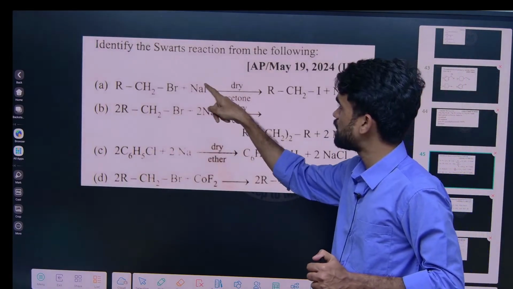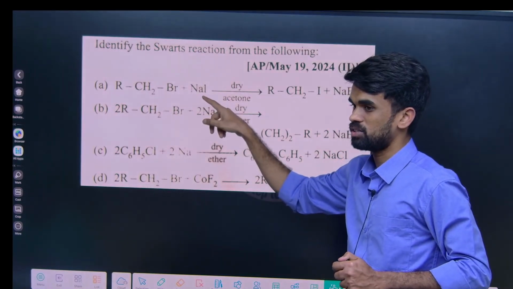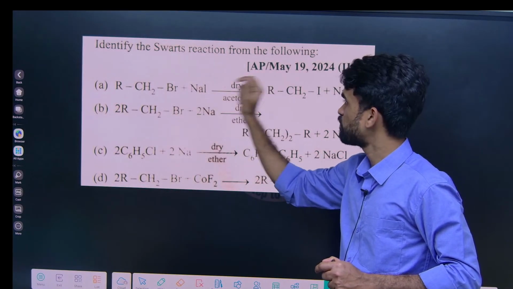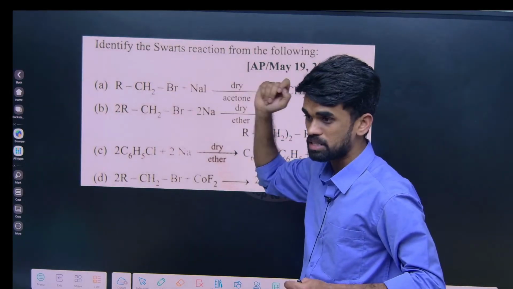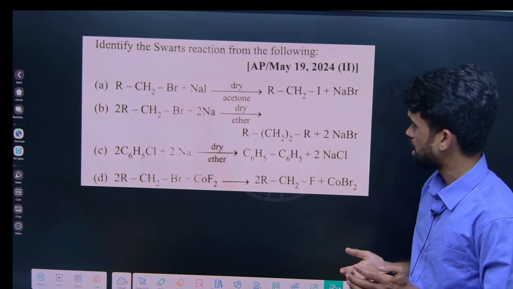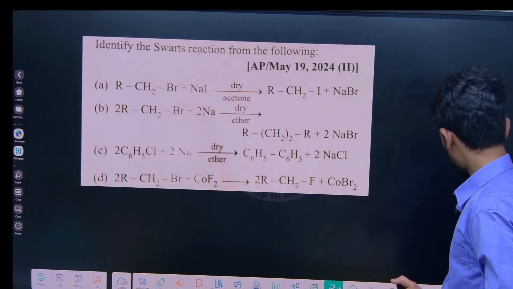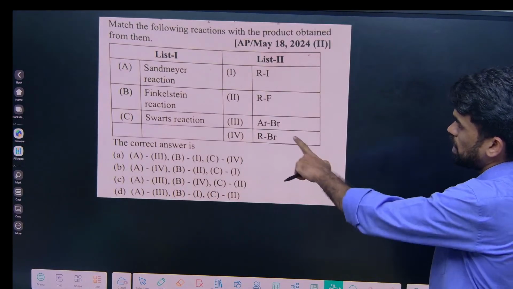See, today we discussed alkyl bromide with NaI. What is that reaction? Finkelstein. Yes, Finkelstein. Now what they are asking: identify the Swarts reaction. Tell me, what is the Swarts reaction? Fluorination, right, halogen bromide exchanged by fluorine. Like that you can solve a few more questions here. SN1, SN2, tomorrow we will do about this.